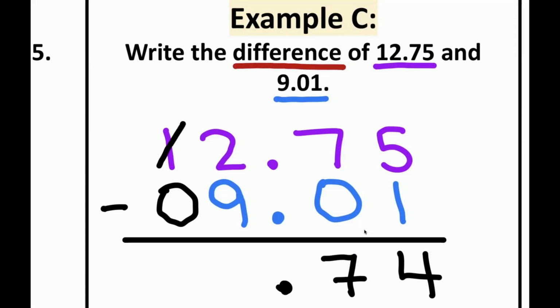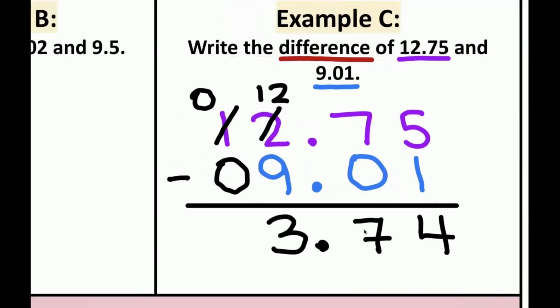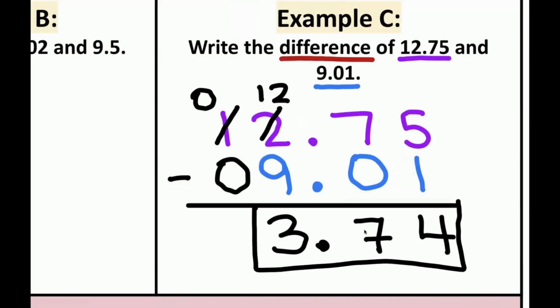I'm going to borrow from this 1, and it'll go down a number, so it becomes a 0. And once you borrow, you can think of it as like earning $10. So since I borrowed, now my 2 becomes a 12. I earned 10. And 12 minus 9 is 3. So using the standard algorithm, our answer is 3 and 74 hundredths.